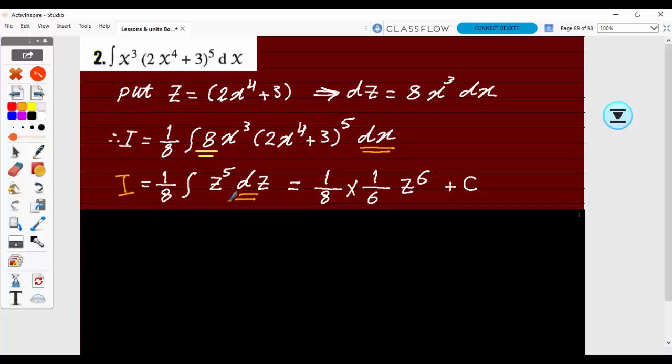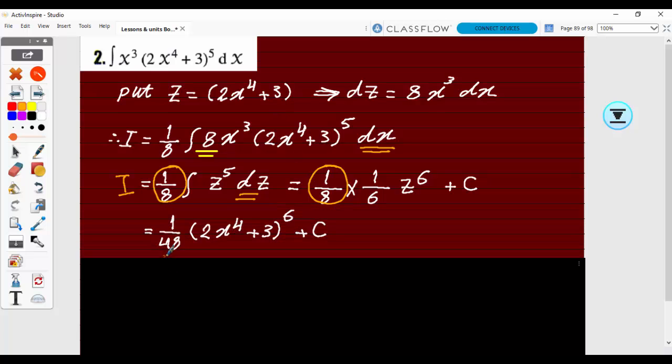So we have a new form, I equals 1 over 8 times the integral of z^5 dz, and its integral is 1 over 8 multiplied by 1 over 6 z^6 plus c, and then substitute z equals 2x^4 + 3.